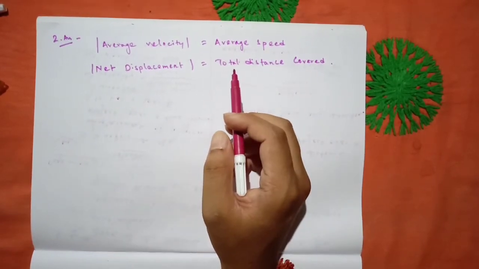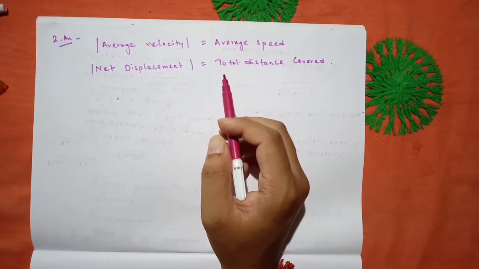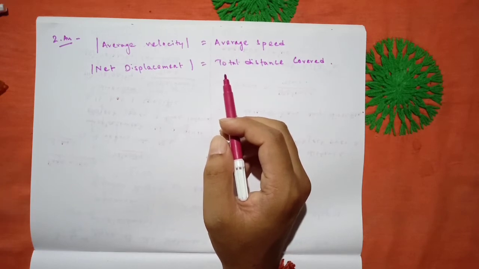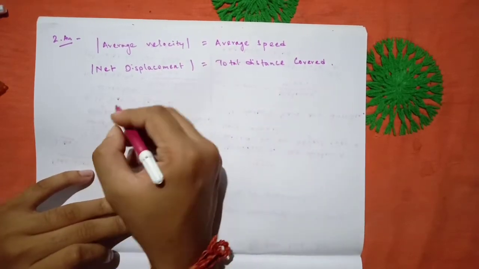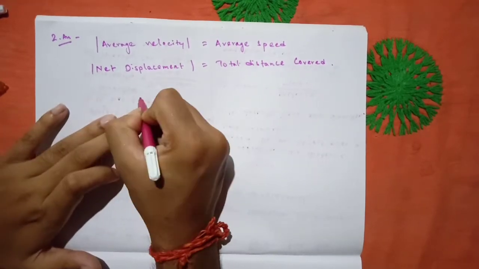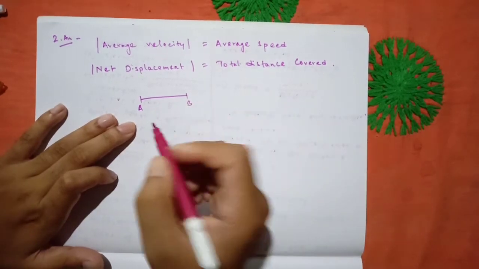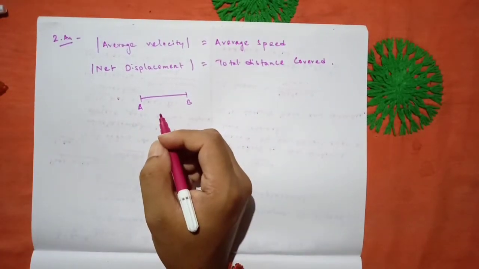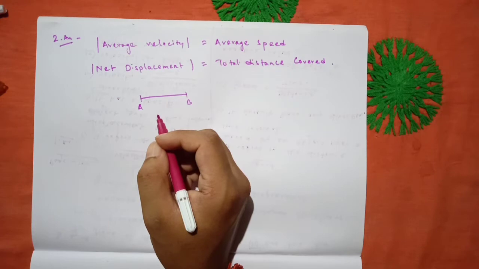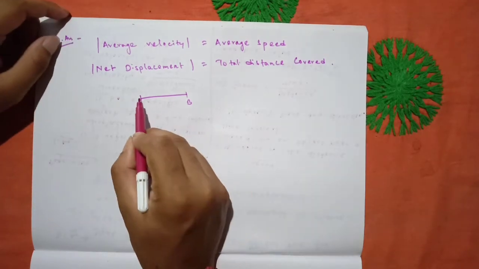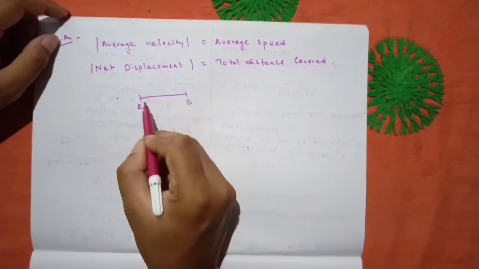This will only be possible when the object will do straight line motion, which is linear motion. Suppose a particle travels from point A to B. Let us say this is point A and this is point B. Here the net displacement is equal to the total distance covered because both the distance and displacement are on the same line.